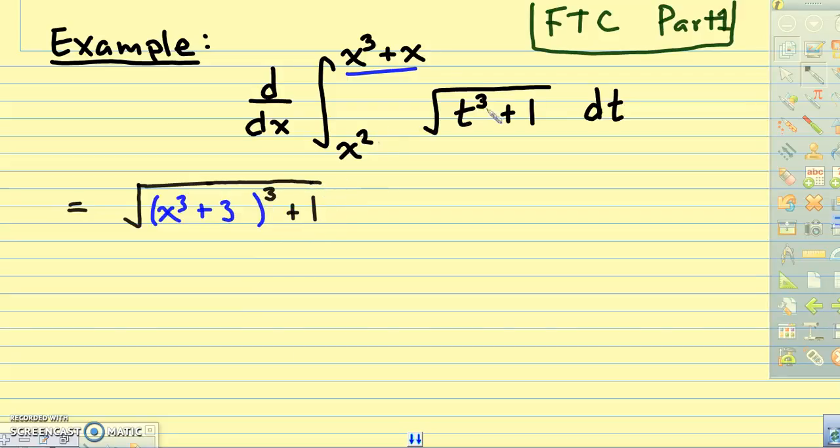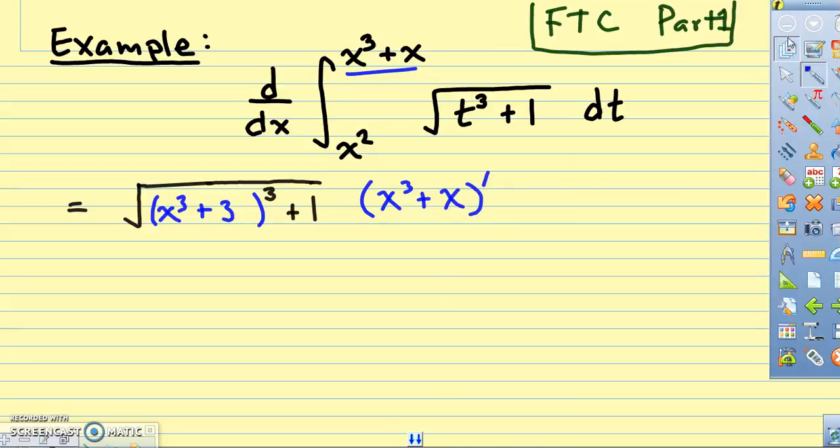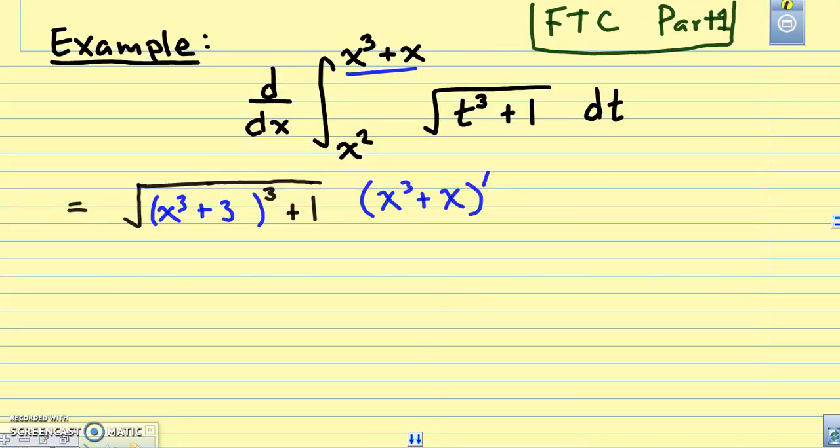Okay, but on top of that, I'm also going to take the derivative of that top limit. So x cubed plus x prime. And remember, it was f of b minus f of a, so minus, now I'm going to do the bottom limit.